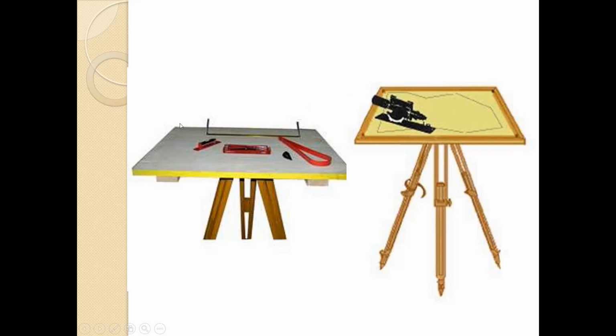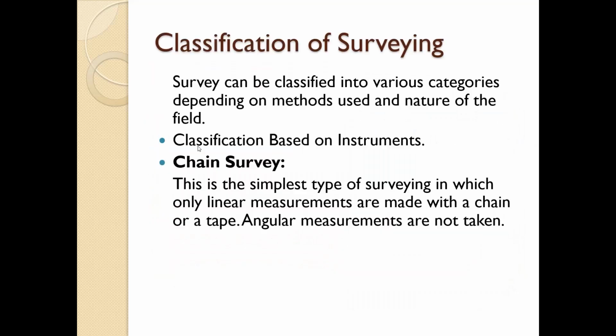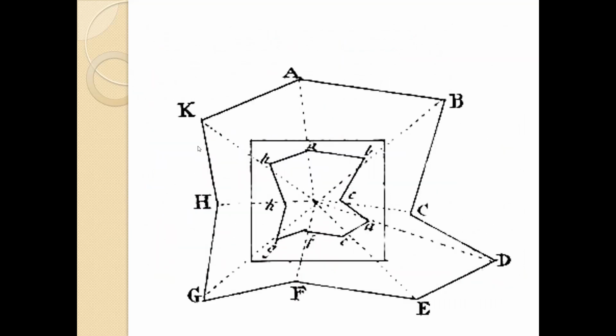On this plane table we have to mount the paper, and with the help of all these instruments we have to prepare a drawing or a map right here itself. Here you can see one example of this plane table surveying.